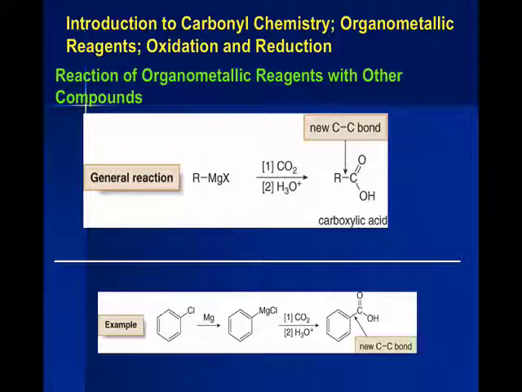For example, here we're starting off with chlorobenzene, reacting it with magnesium to make the Grignard reagent. Then we take this and place it in solution with carbon dioxide. Let that reaction go to completion, and then we work that up with just some dilute acid, and we can get the new carbon-carbon bond. So what's the mechanism for this?